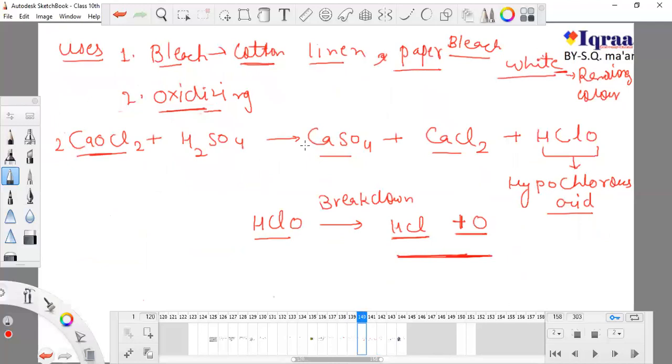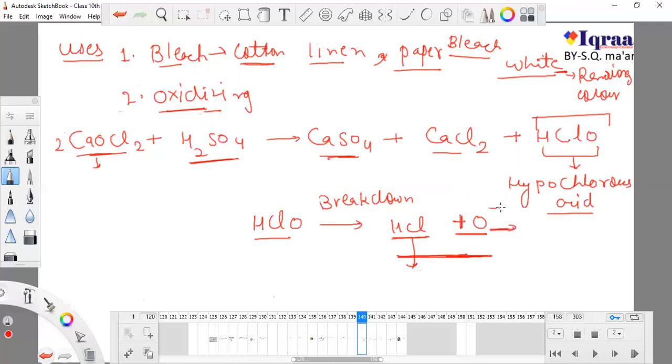In this reaction, I am using the bleaching powder with acid. You can use any type of acid. It will form two salts, and the very important thing is hypochlorous acid, known as HClO, which again breaks down into HCl, our acid, here sulfuric acid.